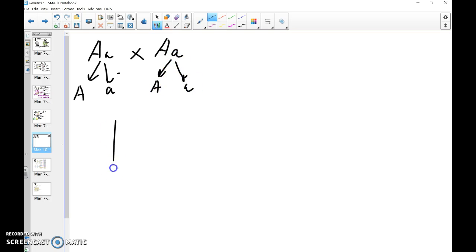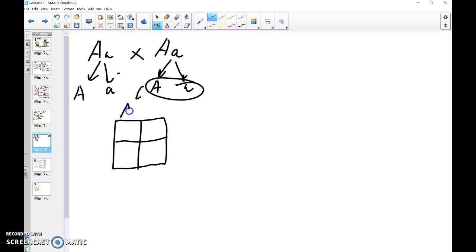So what we'll do is we'll draw ourselves a Punnett square. We will take these parents and put them on the top. So one possible gamete is big A, that goes over that column. One possible gamete is little a, that goes over that column. One possible gamete is big A, that goes next to that row. One possible gamete is little a, and that goes next to that row. Okay.